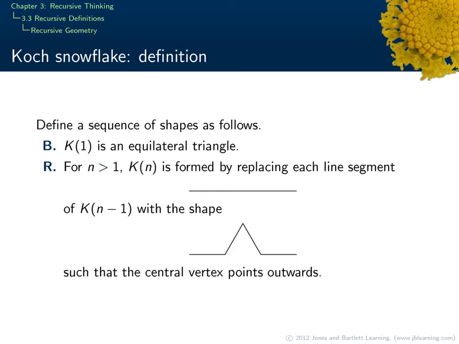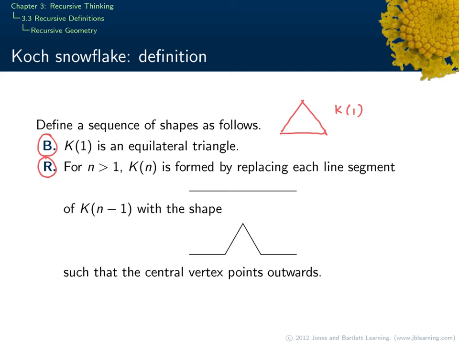So our final example is the Koch snowflake, which is an interesting fractal type figure. The way we start, our base case towards forming the shape, is to form an equilateral triangle. So K1 is that figure. And then for larger values of n, we form new figures. The way we do it is through this recursion.